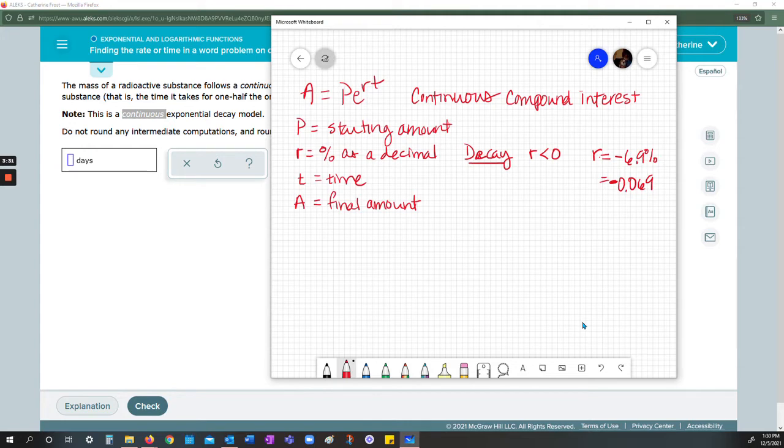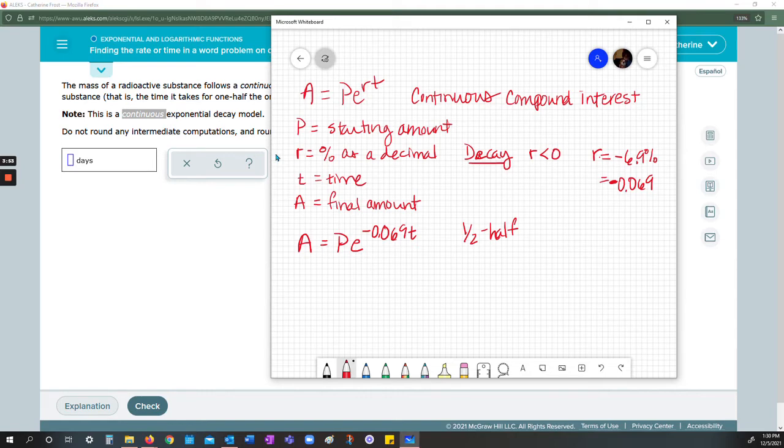And so this is what we've got. A equals P e to the negative 0.069t. And they said find the half-life. So the half-life is time, right? The time it takes.